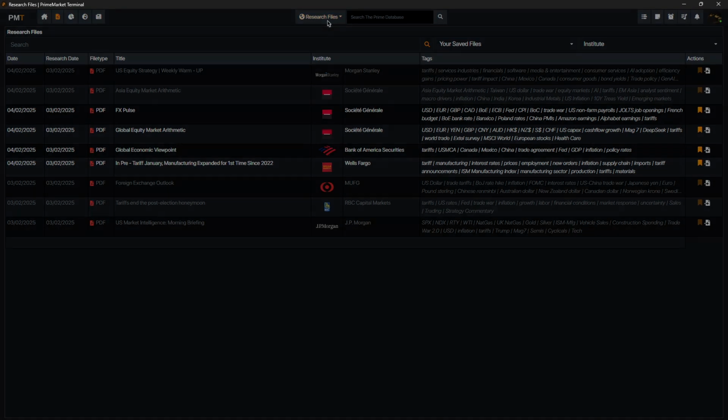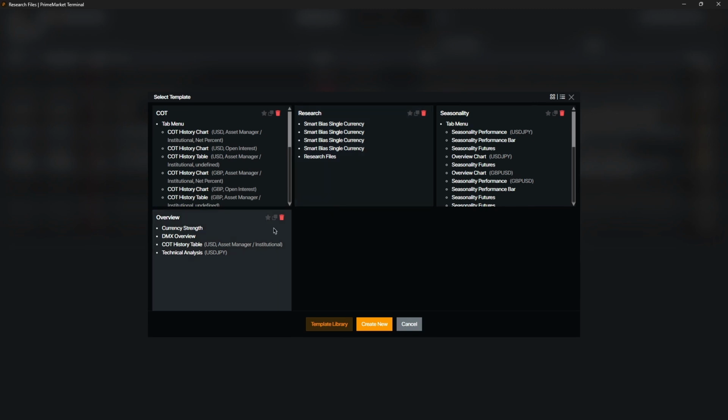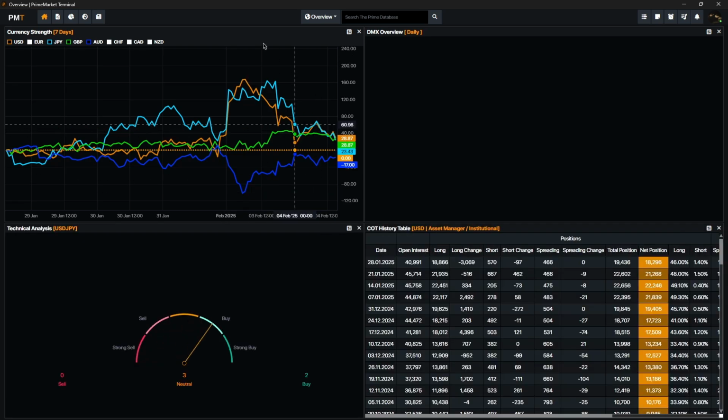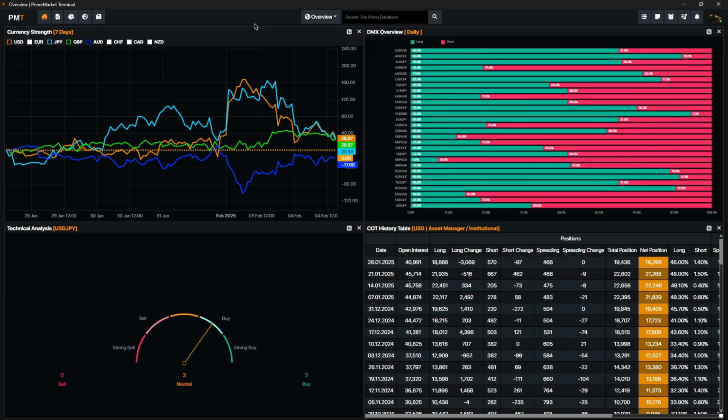This is absolutely amazing. So let's go over another page, the overview, and this is the last one that I've been working on. So this overview page, I expect it to just give me, as the name suggests, just an overview of the market. So I'm supposed to be able to just look at this page and understand what's happening with positioning.